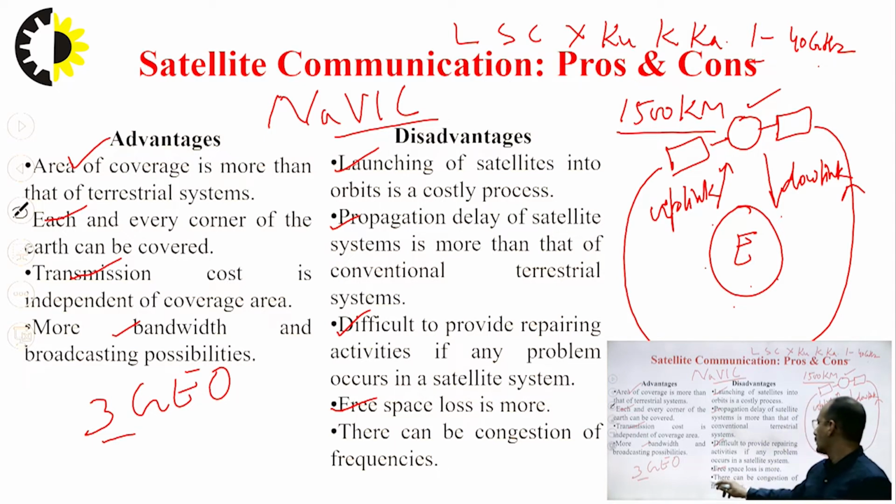Also there can be congestion of the frequencies, as you are using the 1 to 40 gigahertz frequency range, and that range is almost used by all wireless communication units. That's why there may be a chance of congestion in the frequencies. So these are the basic advantages and disadvantages of satellite communication.